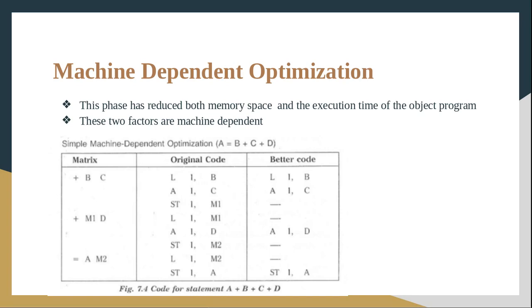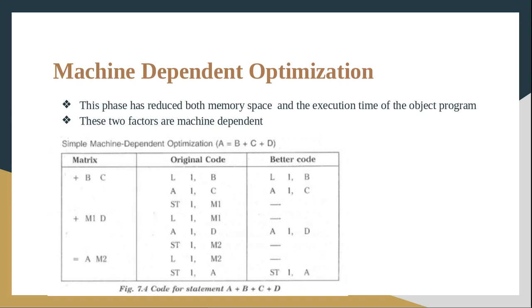We have taken first a simple example, A = B + C + D. We already have the intermediate form, the matrix form, represented in the first column. The first line is plus B C, so B plus C will be performed.